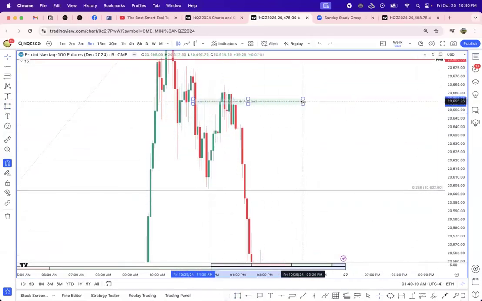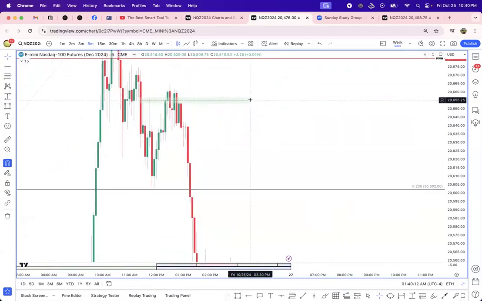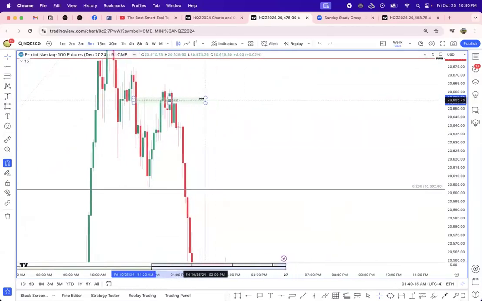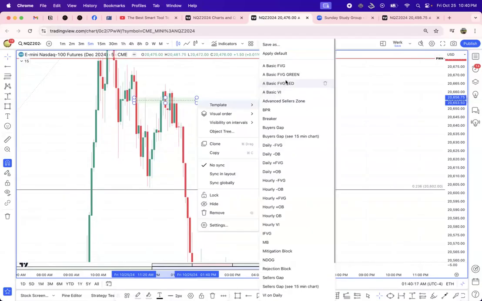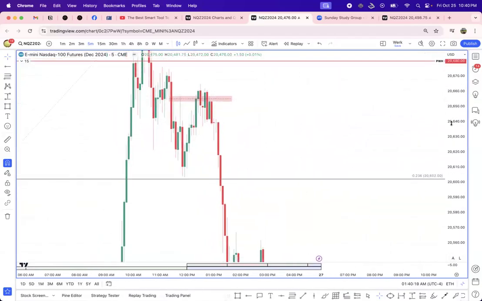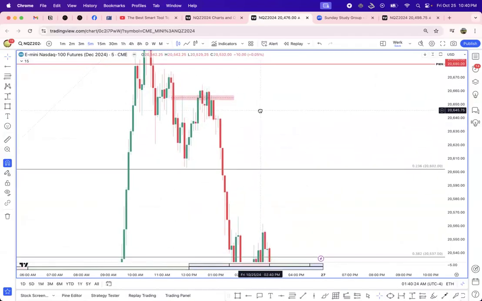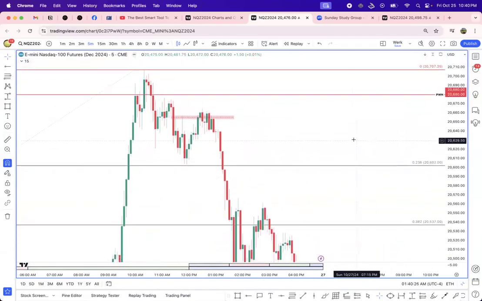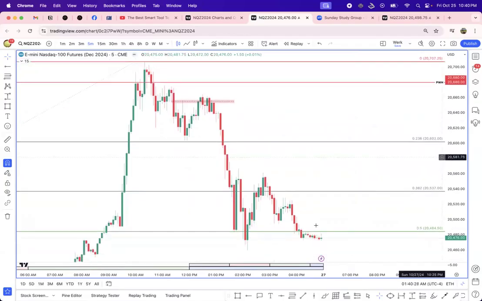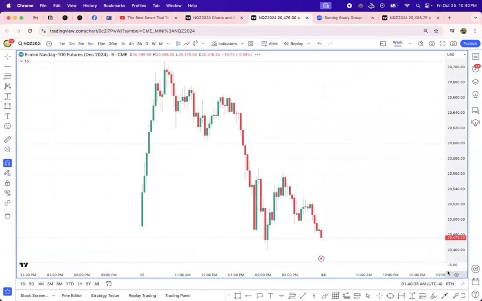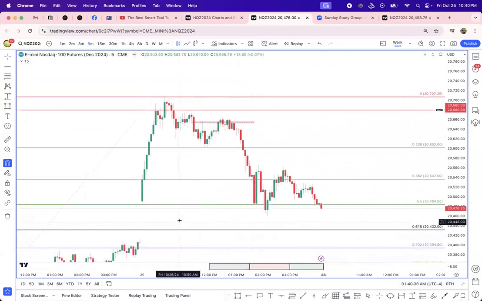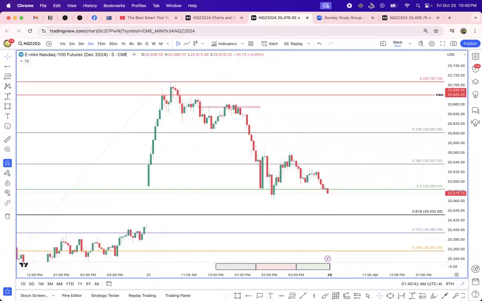Fair value gap, stop could go here or up here. So you're safe. And then you get in and you take that sucker down to 50% of the range. And where it went to, just so you can see, is it bounced off of the RTH gap.